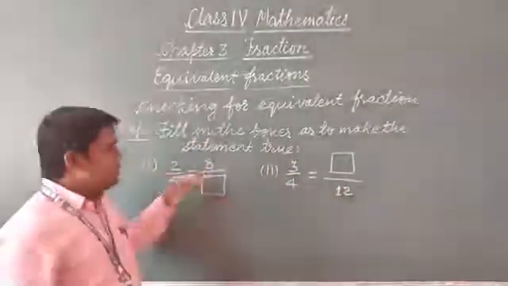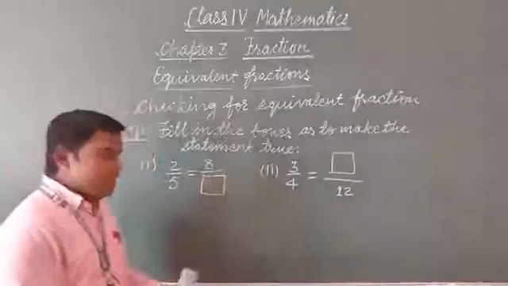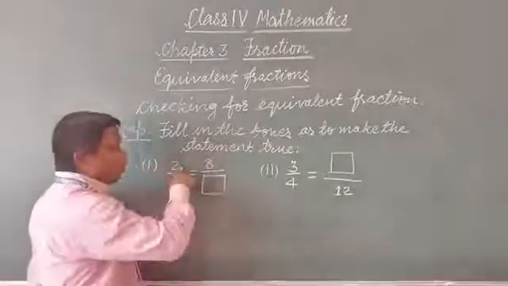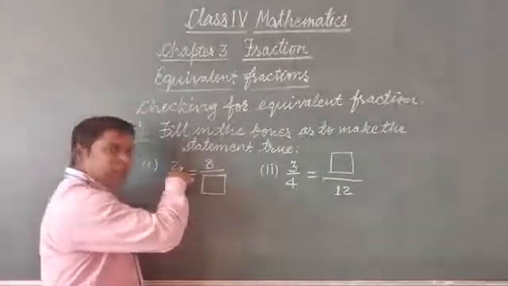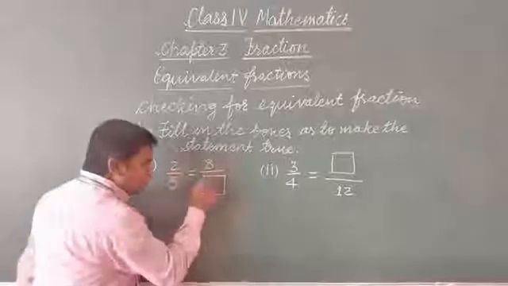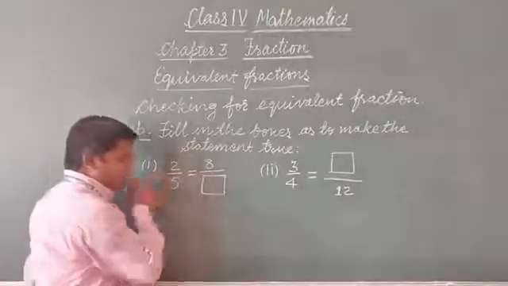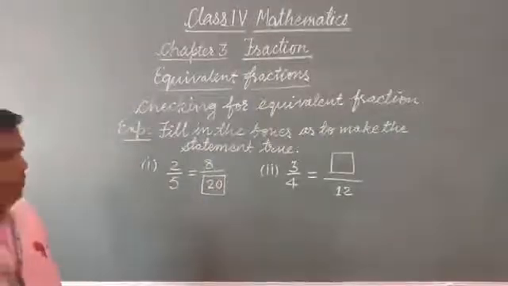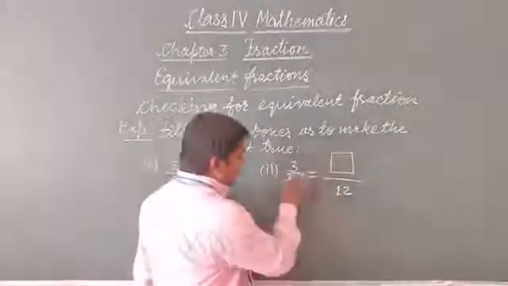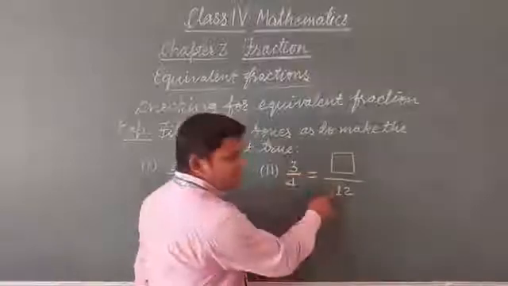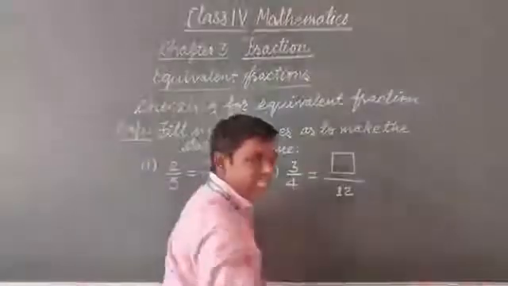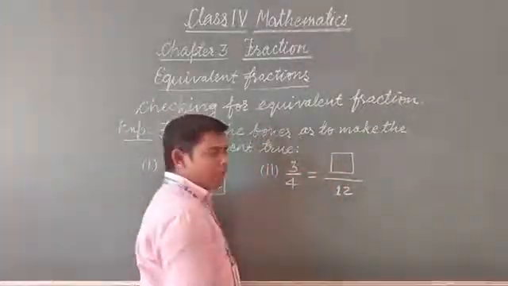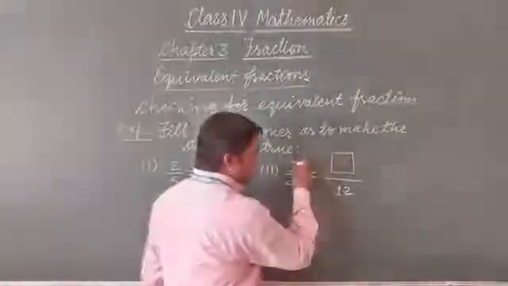You are seeing the denominator 12 is 3 times the denominator of the first fraction. So here in the box will be 3 times the numerator.